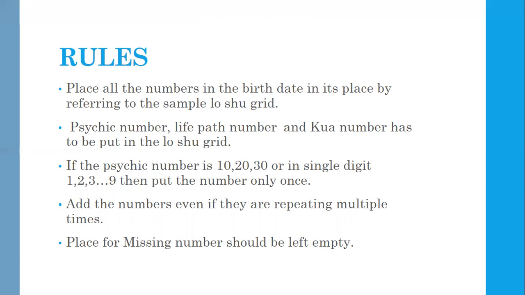Suppose the date of birth is the 21st. In that case, you have to write 2, 1, and 3, because the psychic number is different from the date of birth.